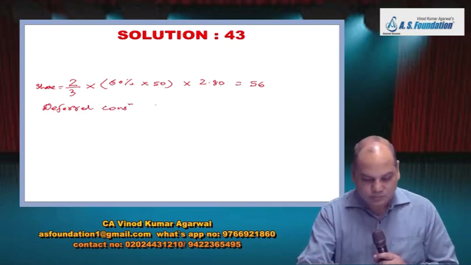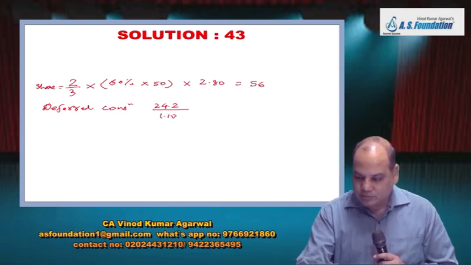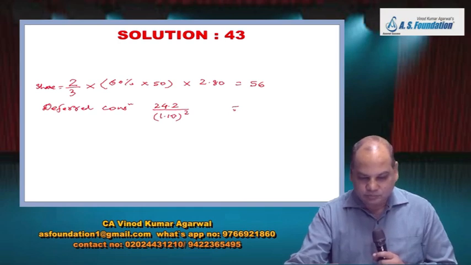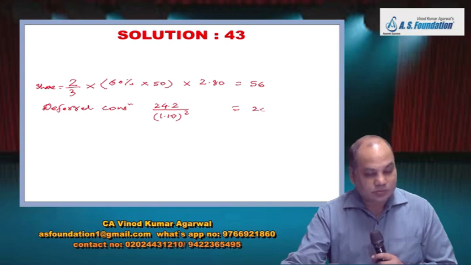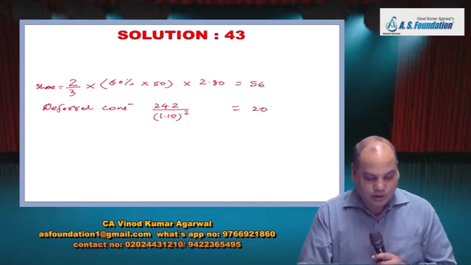Deferred consideration is 24.2, payable after how many years? 2 years. Discount rate is how much? So present value of deferred consideration would be 20 million. This also you will add in consideration paid.